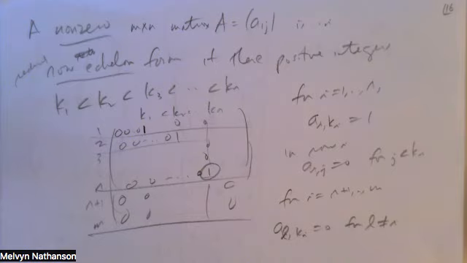And Gaussian elimination is the process of putting a matrix in reduced row echelon form through these elementary row operations. The elementary row operations are interchanging rows, multiplying a row by a non-zero scalar, and adding a multiple of one row to another.